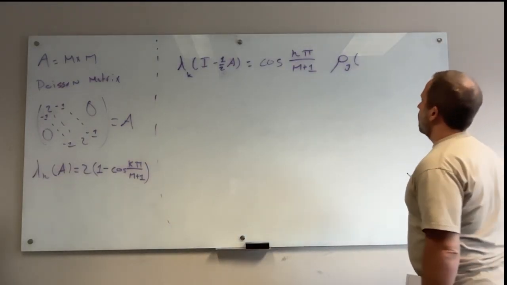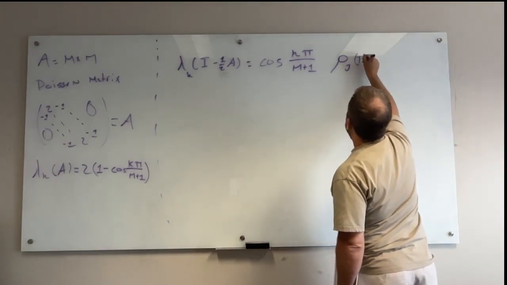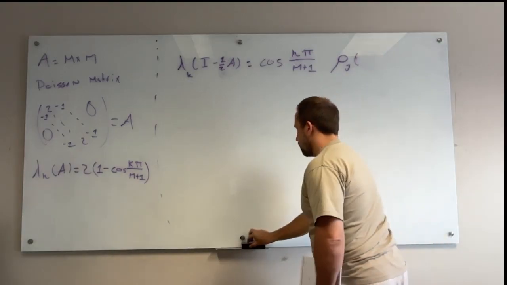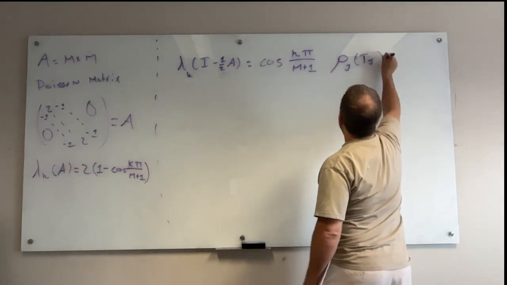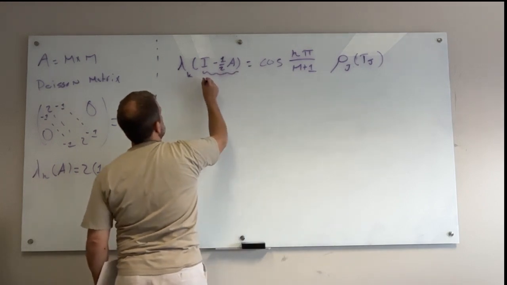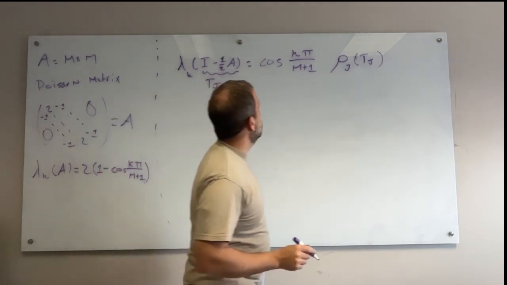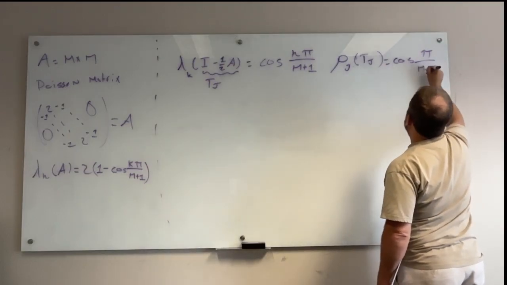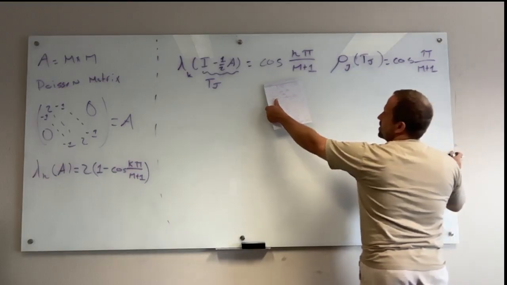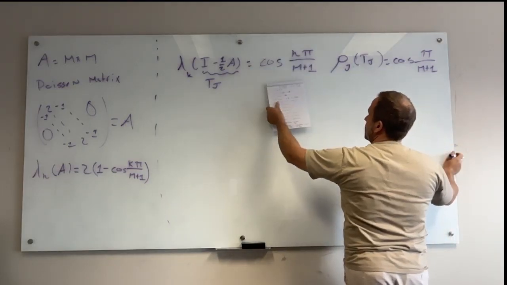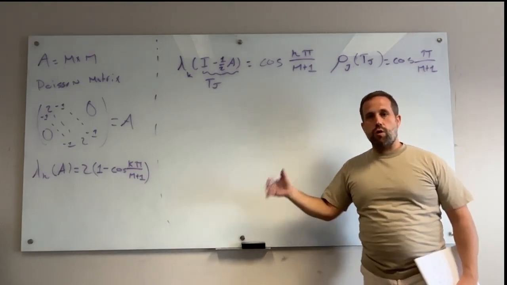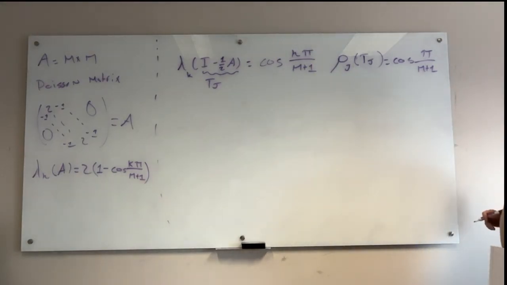So rho j of this matrix, let me just call it T sub j for the iteration matrix of the Jacobi method, is equal to cosine of pi over m plus 1. That's because as k goes from 1 to m, we want to see which one of these is going to be the biggest. It's going to be when the argument to cosine is closest to 0 or closest to pi, and that's exactly what we have here.